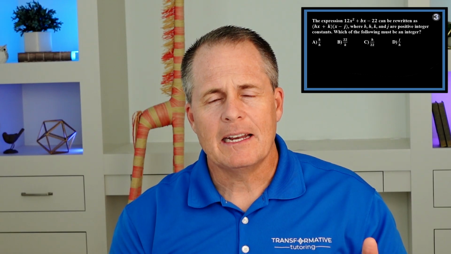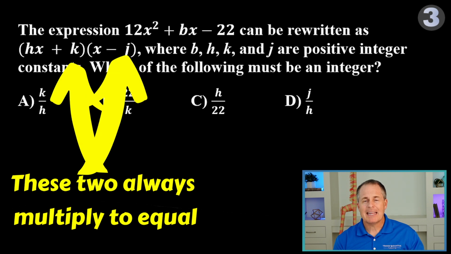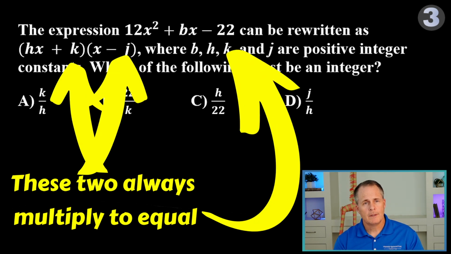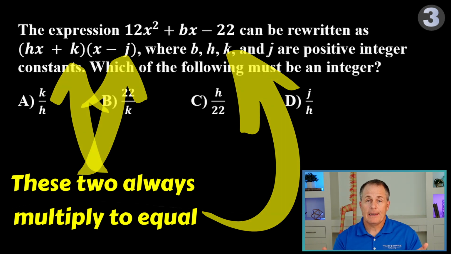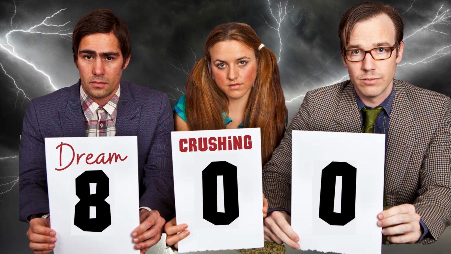With hindsight, it obviously had to be choice B because K must be a factor of 22. So no matter how we chose to factor 22, 22 divided by one of its factors is always an integer. Those sociopaths at the SAT sure have a twisted sense of humor.